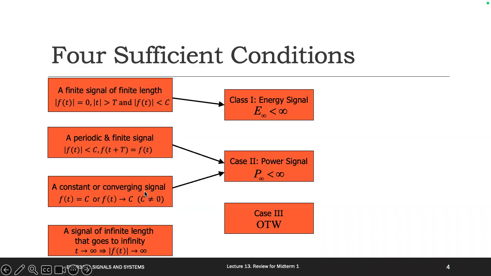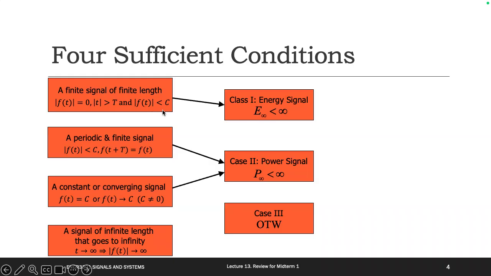Okay, I will give you the answer. The third one also belongs to case 2, a power signal. This signal is just like a constant or convergent signal. You can see actually the first signal will also converge because it is always smaller than a specific value.